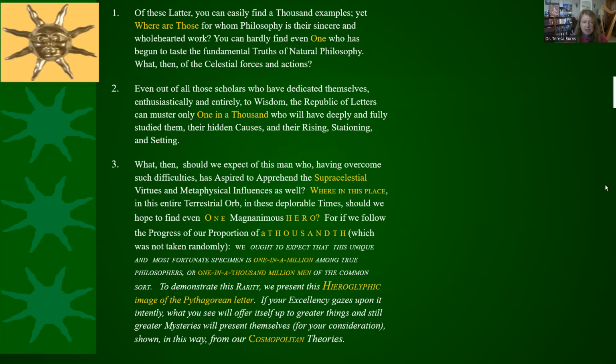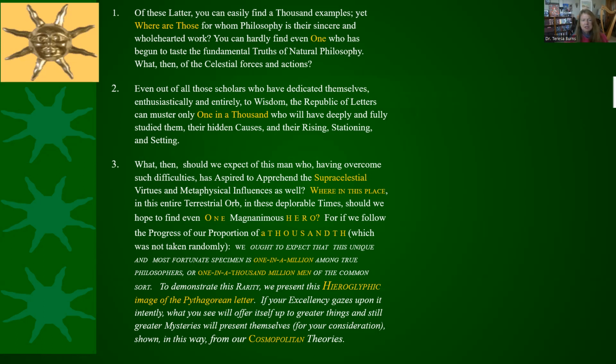He says, even out of all those scholars who have dedicated themselves enthusiastically and entirely to wisdom, the Republic of Letters, remember Maximillian I, the Rex Literati, the philosopher king rules over the Republic of Letters.